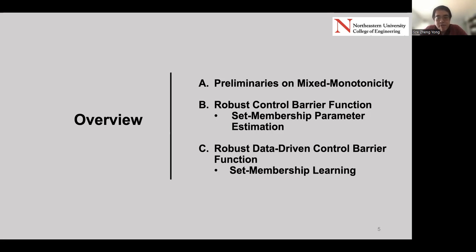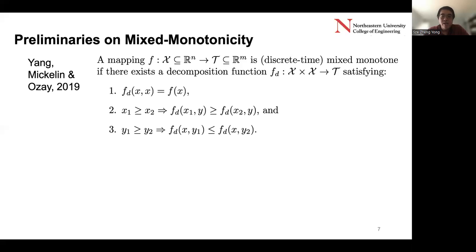A lot of the methods that we will be talking about in B and C, which are the robust control barrier functions for both classes of uncertain systems that I talked about, will be using things from mixed monotonicity. So I will first introduce that, as well as present some work on how we use that to design interval observers, before we go into the control barrier functions and how we apply them. Okay, so let me start by defining that.